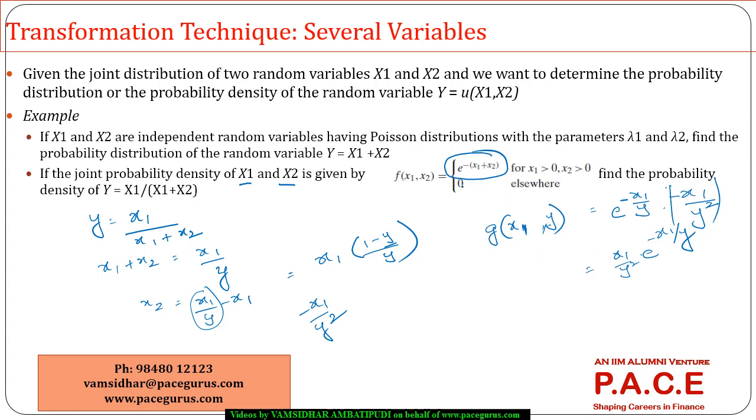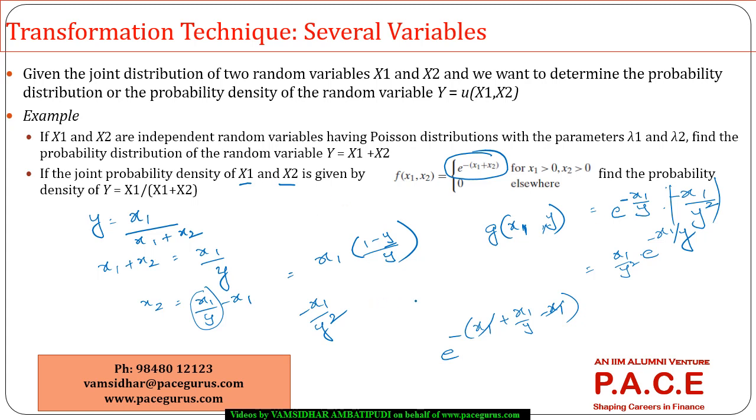So e to the power of minus whatever x1 plus x2. I have established it as e to the power of minus of x1 plus x1 by y minus x1. So it is becoming only minus x1 by y. So that's where it finally worked out as x1 by y squared e to the power of minus x1 by y, where x1 is greater than 0 and y is lying between 0 and 1.